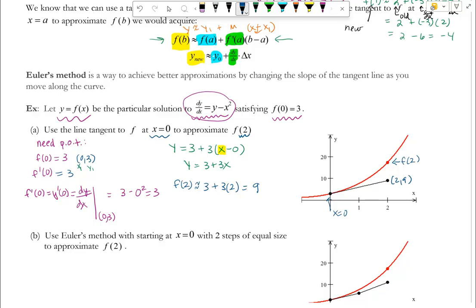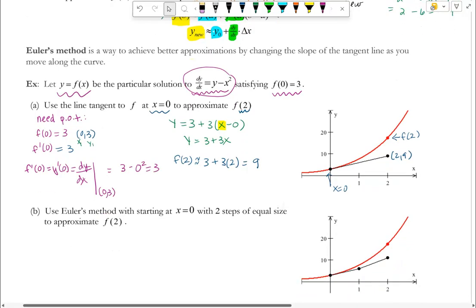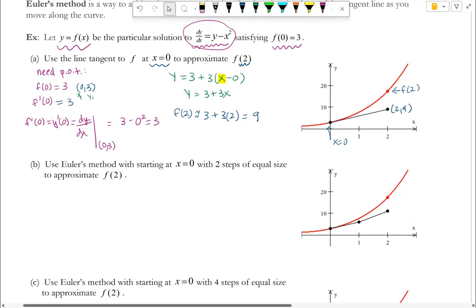It looks like our actual value for f of 2 is, I don't know, like around 17 or 18. It looks pretty close to 20, not 9. So Euler's method is a way to make better approximations. So the big idea with Euler's method is we are just going to recalculate our slope over a smaller subinterval of our delta x. So let's jump down to example B. This is the same curve.